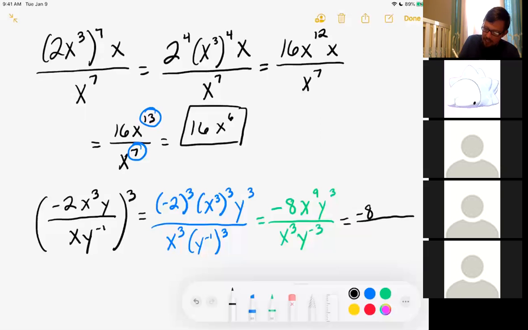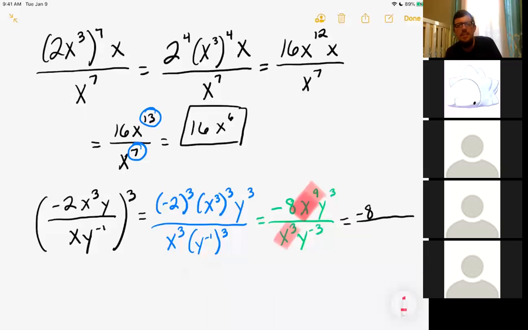Then we can look at the 9th and the 3rd on the x's there.